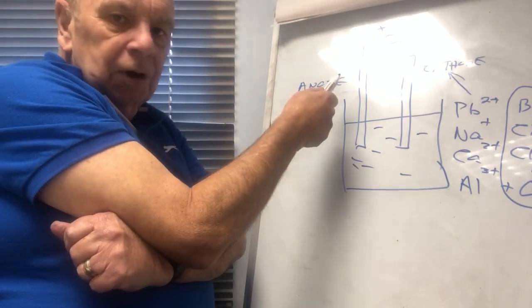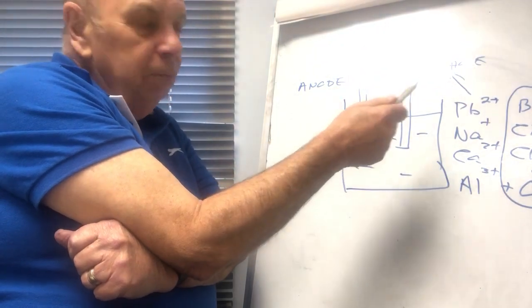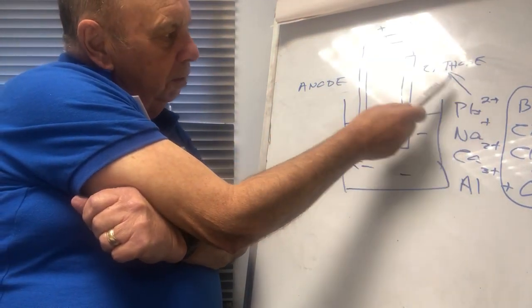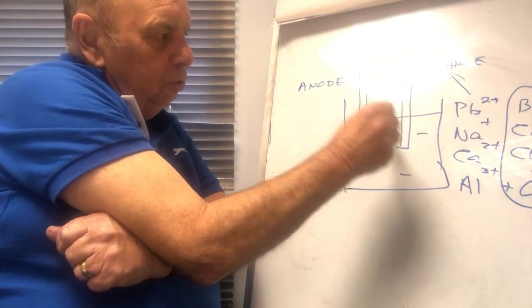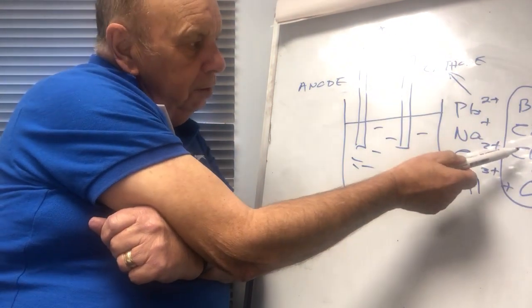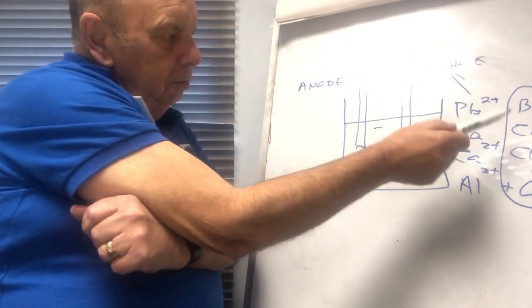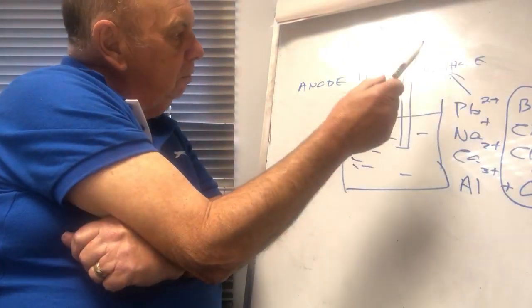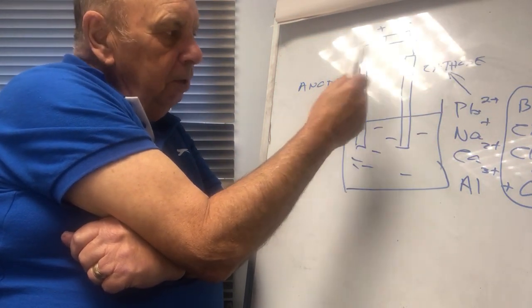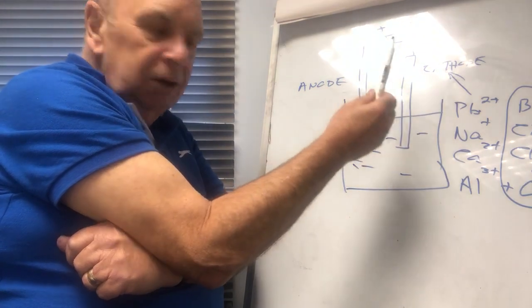So if we electrolyze something like lead bromide, lead goes to the cathode, it's the positive there, and let's take sodium chloride, the chloride goes to the anode.